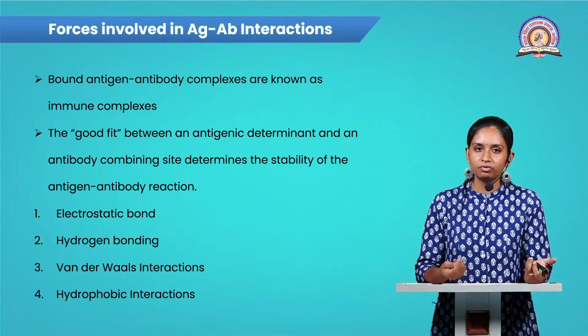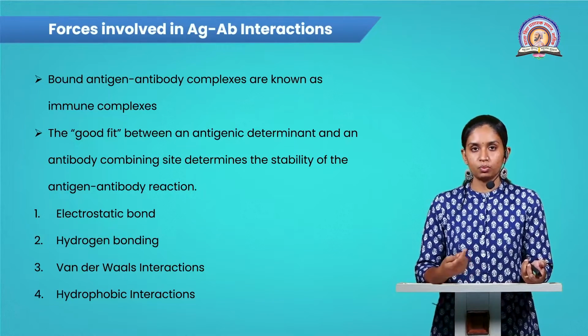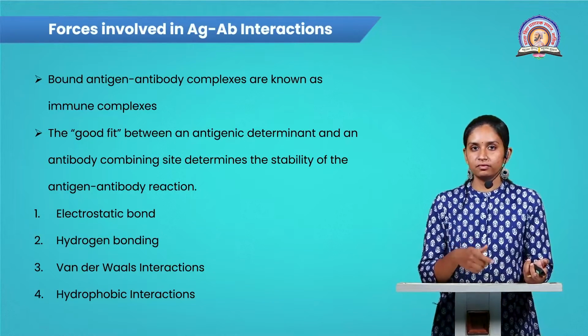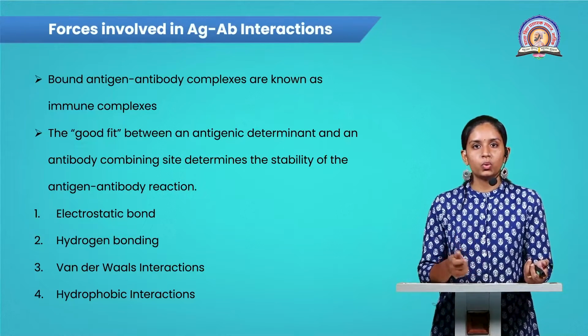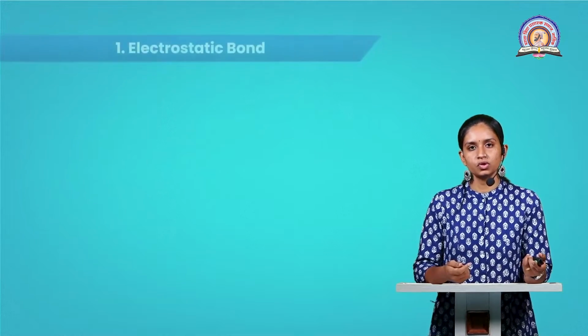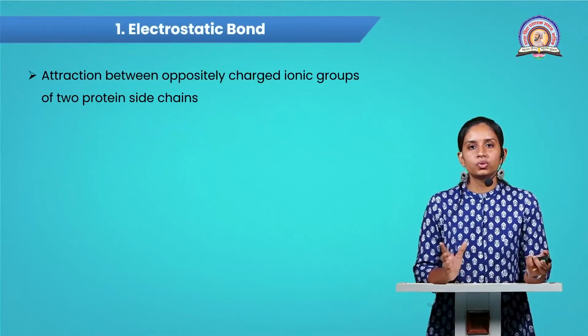One by one now we will discuss all these interactions and what they mean, but the basic thing will remain the same, that is, these all are types of non-covalent interactions. So the first interaction is the electrostatic bond.